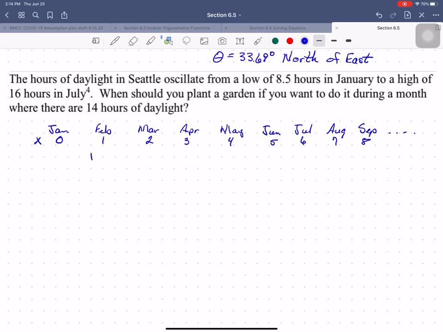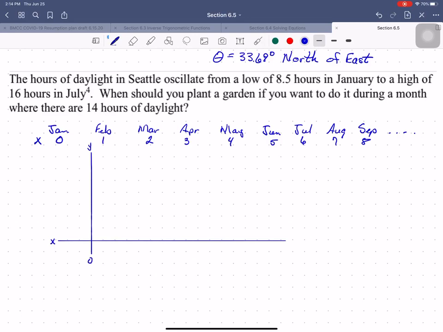So now let's make a sketch. Let's make a better sketch. Okay, actually, let's move that down. Right. So this is my x-axis. This is my y-axis.